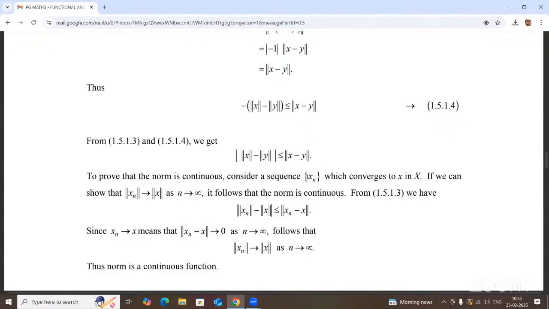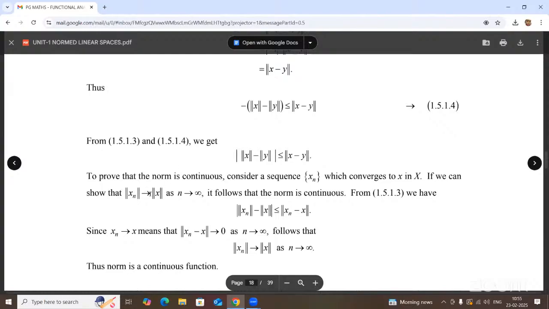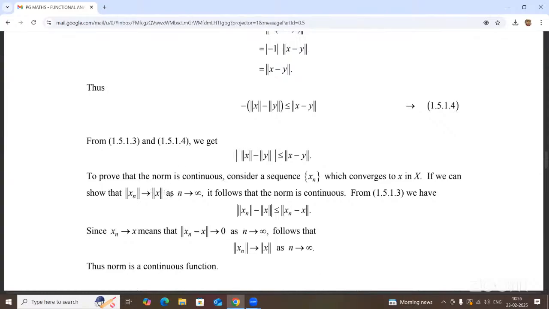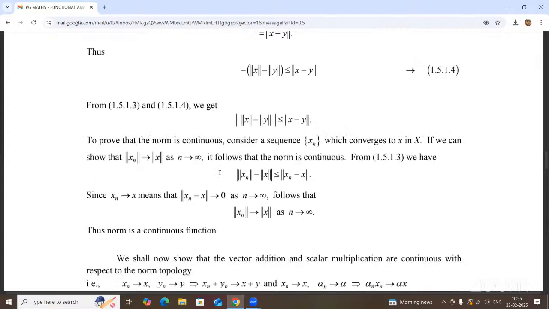Now finally, given the sequence converges to x, we apply that sequence in the norm. So norm xn converges to norm x as n tends to infinity. So we are getting the value. Now this norm is continuous. In an examination, to prove that the norm is continuous, write this expression and apply it to the given question.